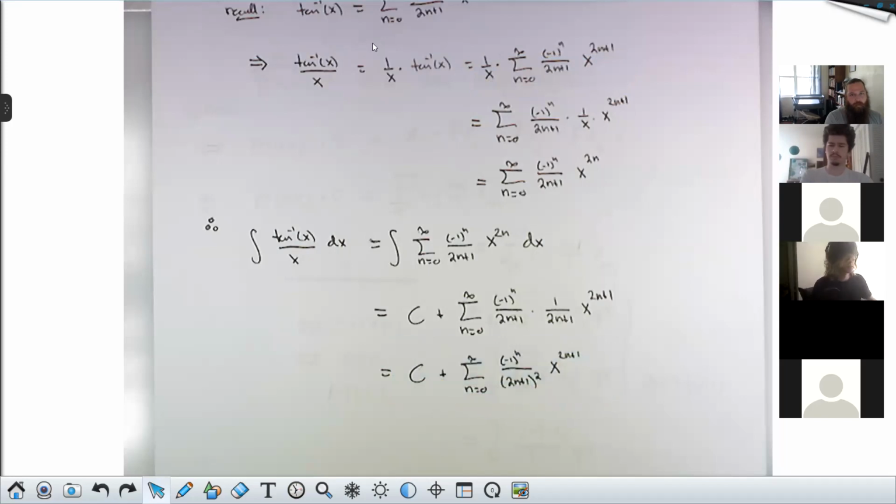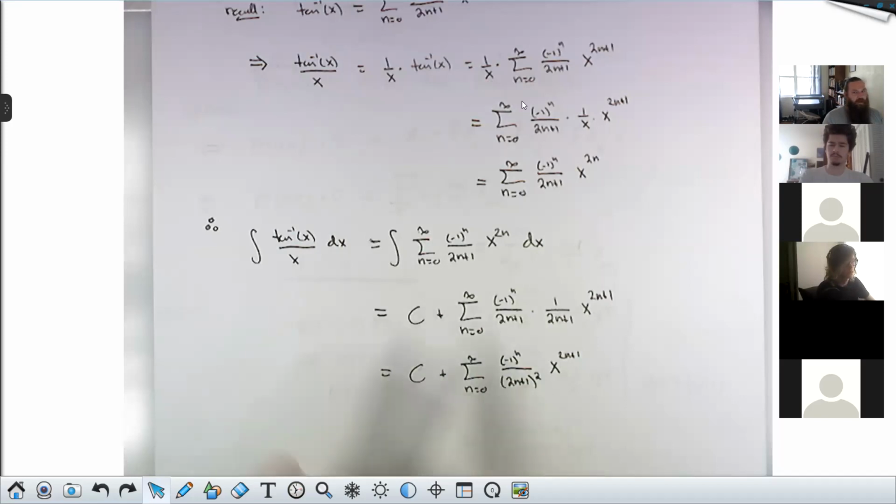In other words, multiplying or dividing by x in a power series won't change the IOC. And then integration could only add endpoints. But since this guy already had both of his endpoints in the IOC, no change can take place. So even without the calculation, if we think critically, we know that the IOC still has to be -1 to 1, closed on both sides.